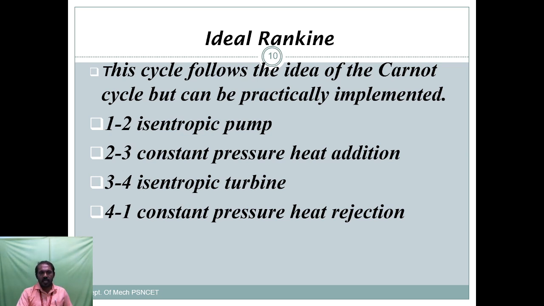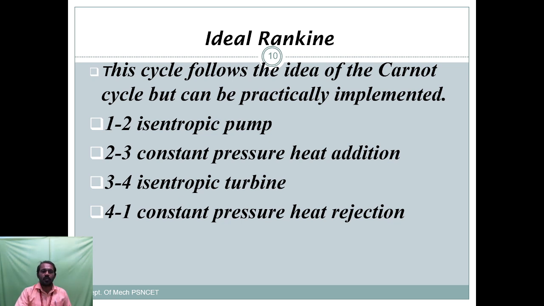Then 3 to 4 is the isentropic turbine, that is, isentropic expansion. Pressure decreases, temperature decreases slightly, and all conditions decrease from the boiler through the isentropic turbine.